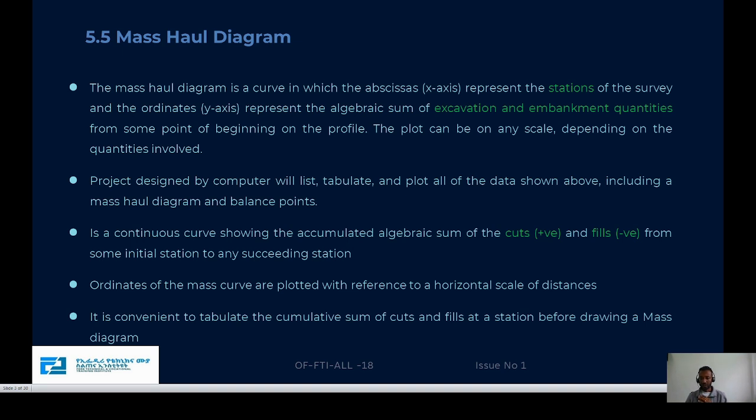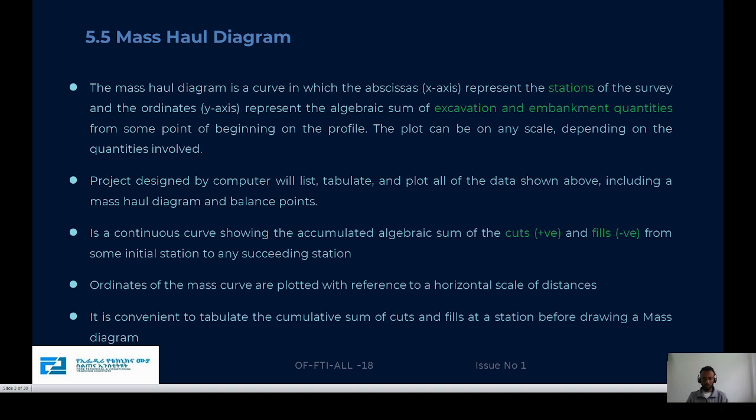The plot can be at any scale depending upon the quantities involved. Mass flow diagrams are also designed by computer programs, by inputting the horizontal alignment, vertical alignment, and the cross sections.